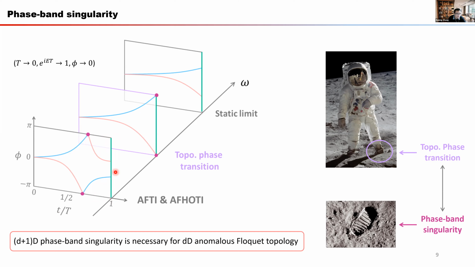So as you can see, as we increase the driving frequency, we come to a very special moment where this singularity exactly becomes a band gap closing at pi energy. And this is exactly the topological phase transition that we're talking about, which separates this topological state from a static state.